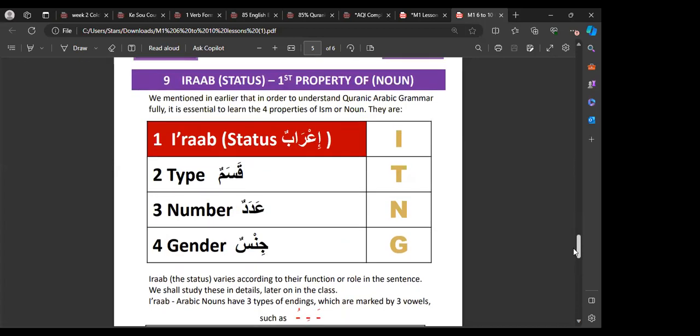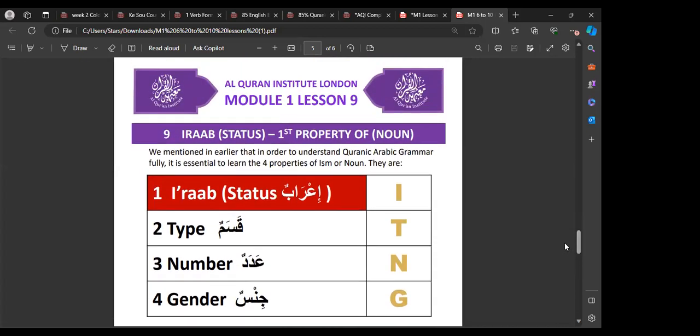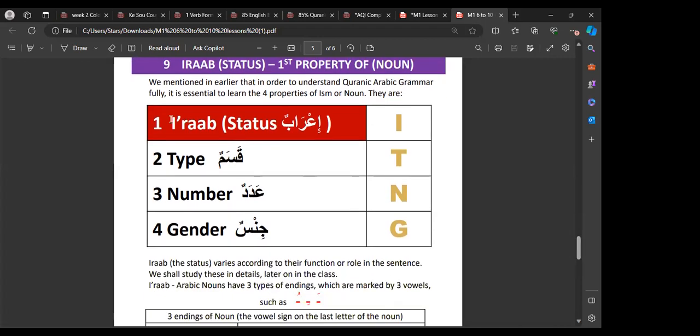So lessons 38 to 39 cover I'rab. Three lessons on I'rab. This is where you'll understand what we mean by marfu' or raf'un, nasb and jar. So inshallah, this is all coming. This is an introduction. That's a very good reminder, very important.